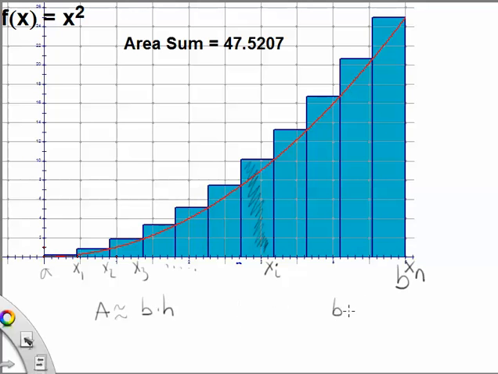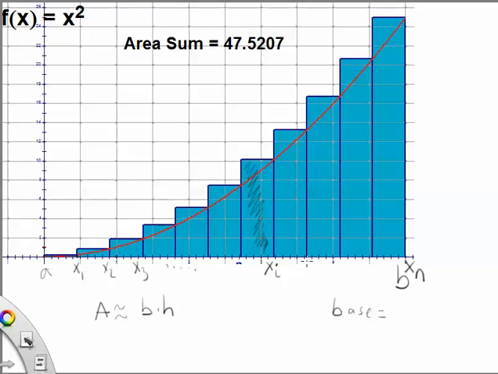Let's focus in on what the base is. In our example, when we did 5 rectangles, the base was just 1. Here, I could actually calculate it out. If I really want 11 rectangles, I could figure out how much space I have here, which is 5, and break that up 11 ways. So 5 divided by 11, but that's no fun.